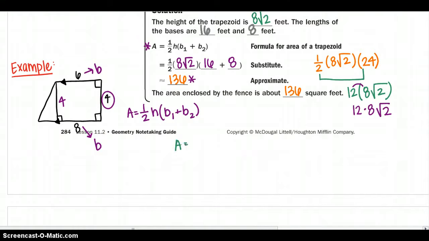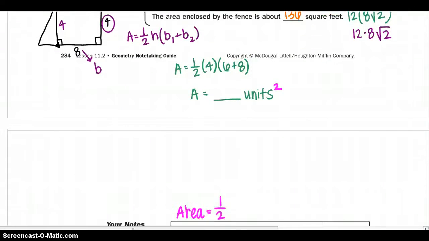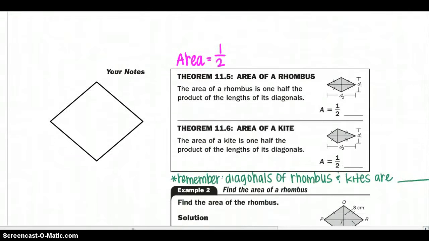So our area equals 1/2 times 4 times 6 plus 8. And you can get your area, and remember it will be units squared. Don't forget that squared. So again, if you have questions, you can come ask me at a later date, and you can pause this video whenever you may need to.